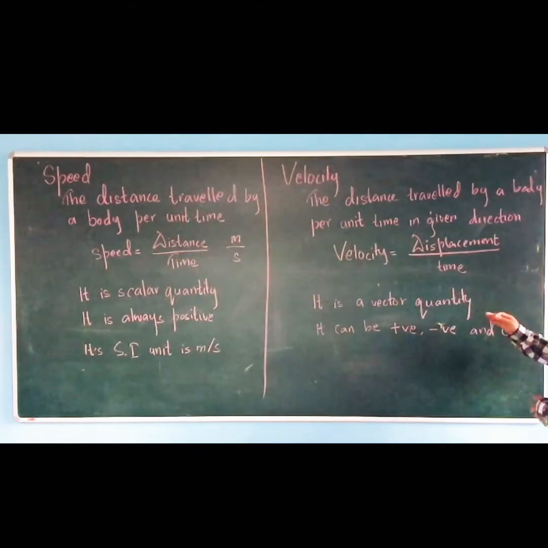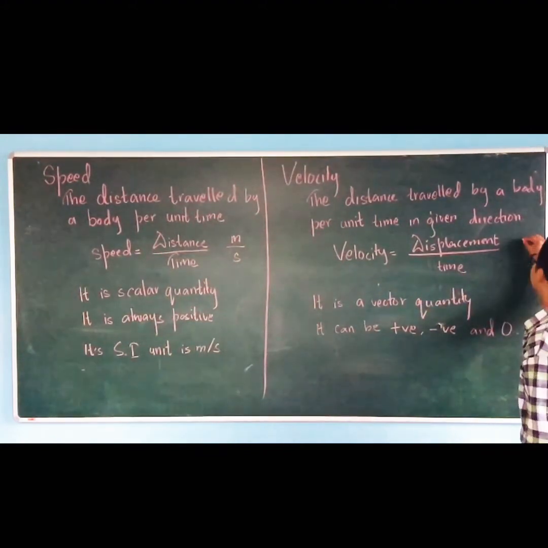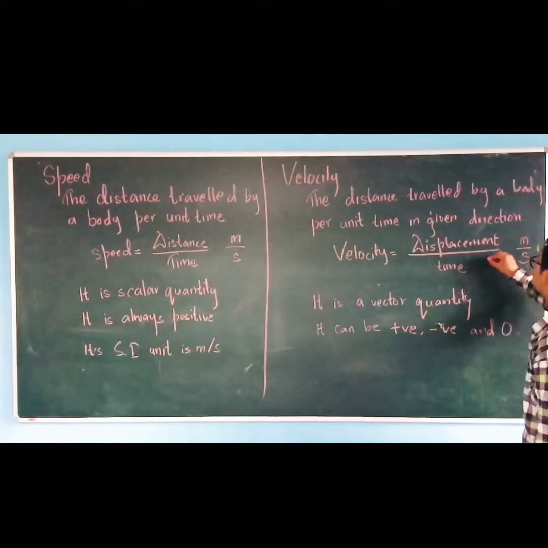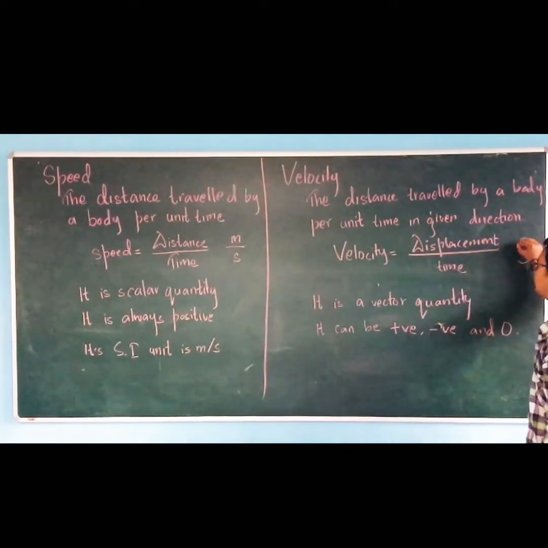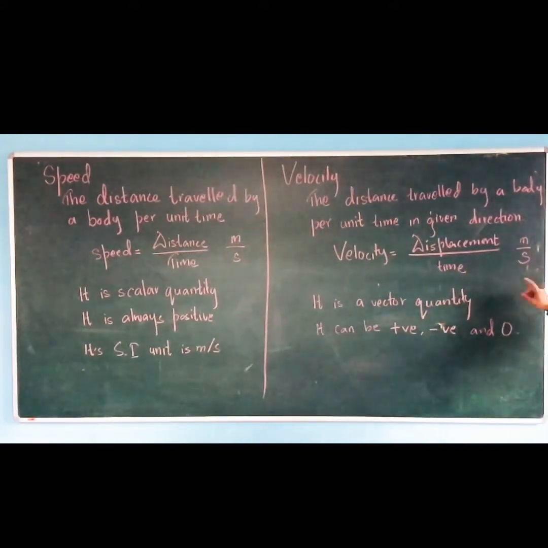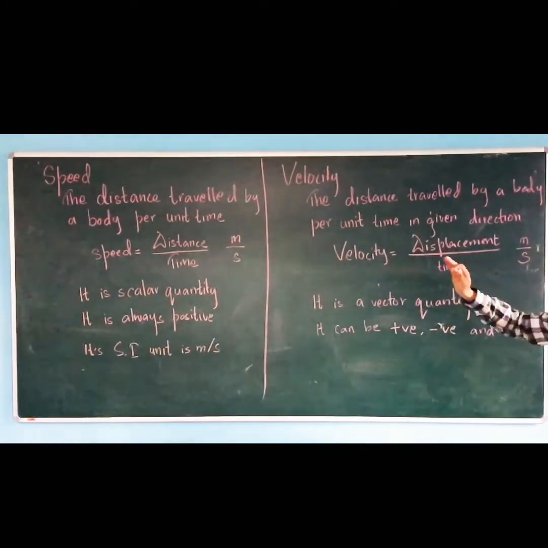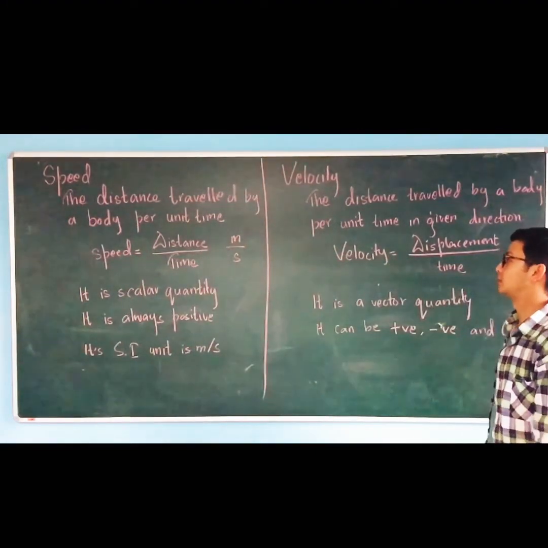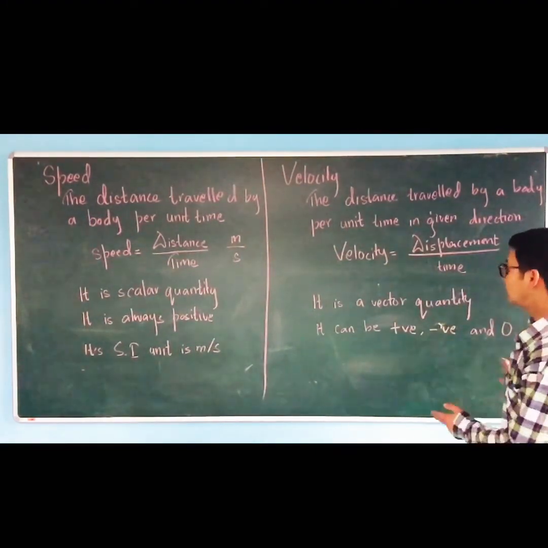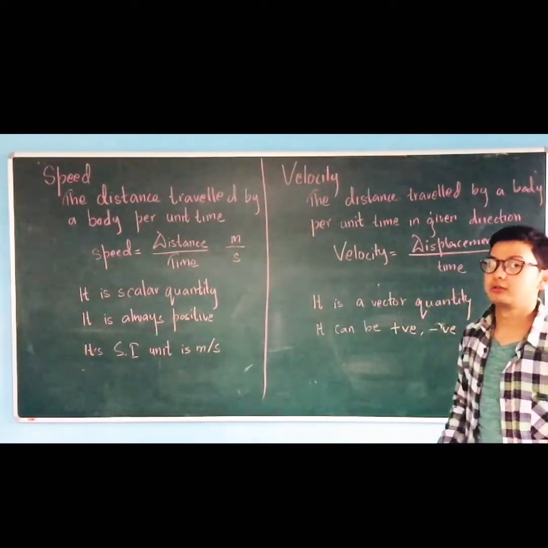And the SI unit of velocity is the same as speed, that is meter per second, since the SI unit of displacement is also meter and the SI unit of time is second. So the SI unit of velocity is meter per second and the SI unit of speed is meter per second. Now you can easily differentiate between speed and velocity. Fine.